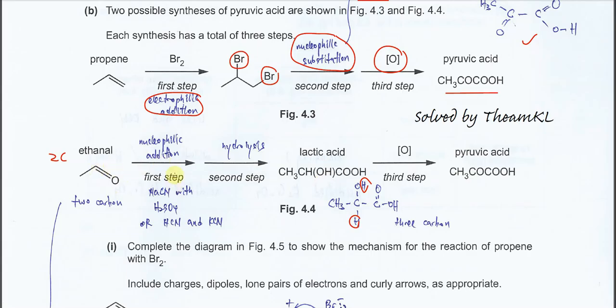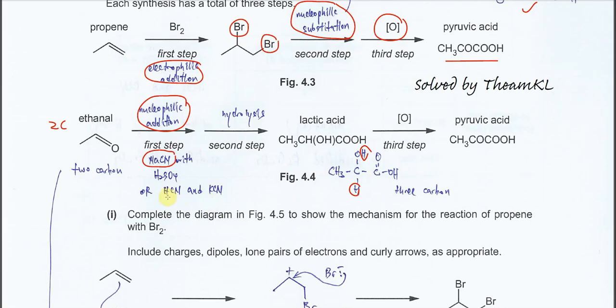The first step is going to be nucleophilic addition, which involves the cyanide ion. You can use HCN and KCN, or you can use sodium cyanide with H2SO4, because sodium cyanide with H2SO4 will form HCN. Either one.